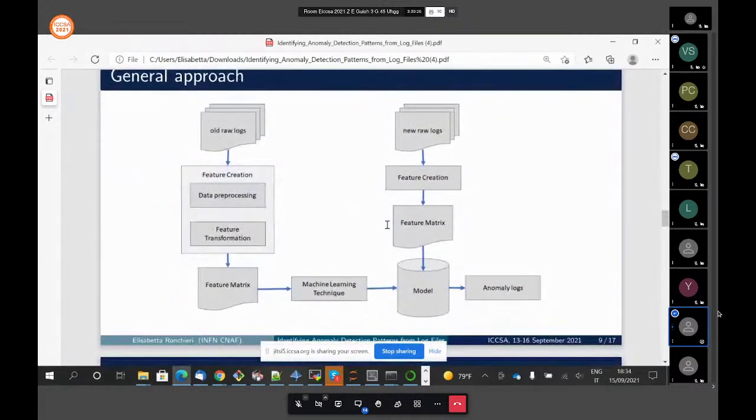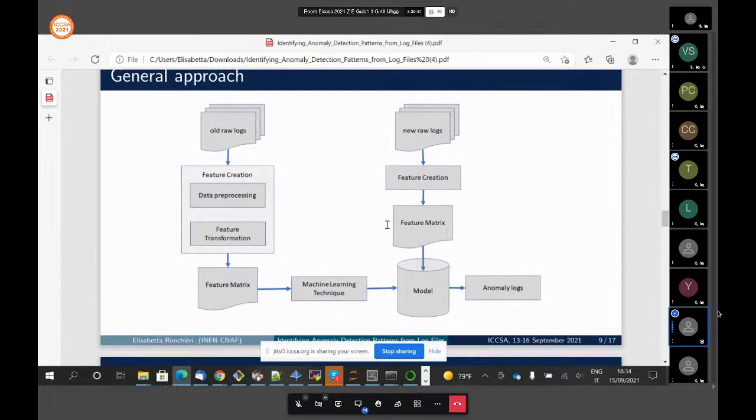The approach that we follow is summarized in this figure. Basically, once we have collected the log files from the machines, we create the features by performing data preprocessing and feature transformation.